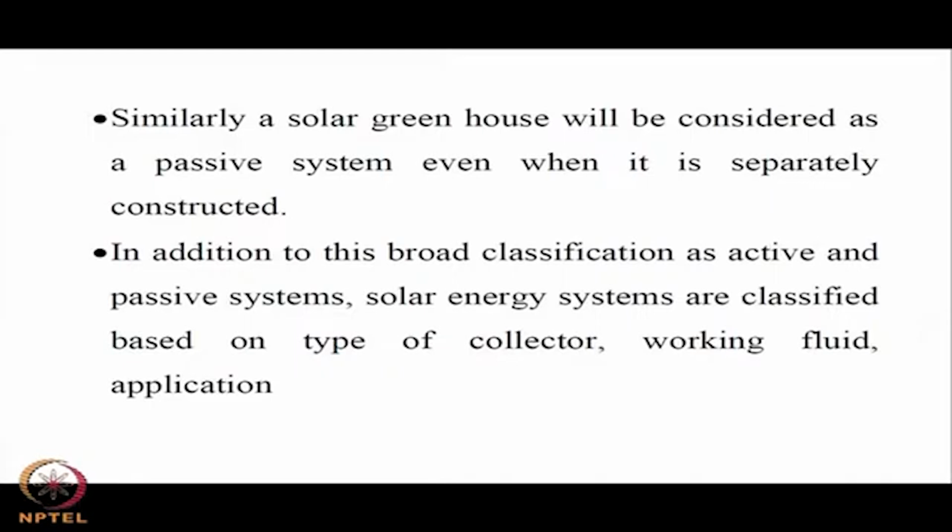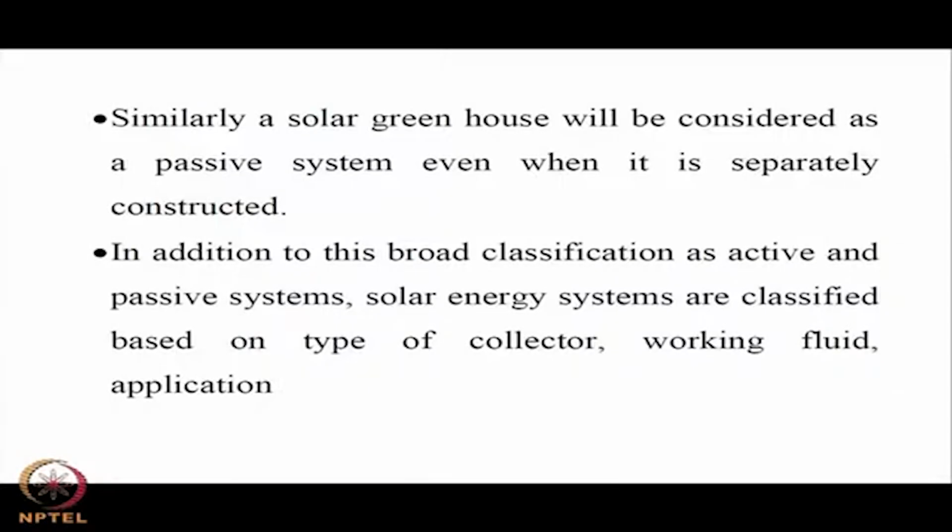So, which I have already written, that a solar greenhouse will be considered as a passive system even when it is separately constructed. For example, in cold climates, to preserve the plants or to keep them alive, to make the seeds, solar greenhouses are constructed, and as it is a very commercial proposition.